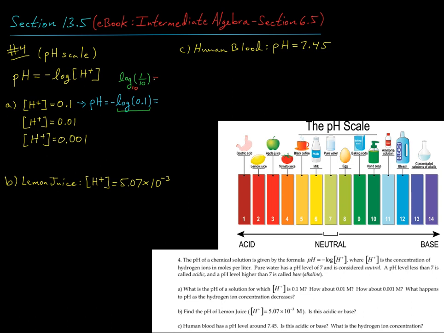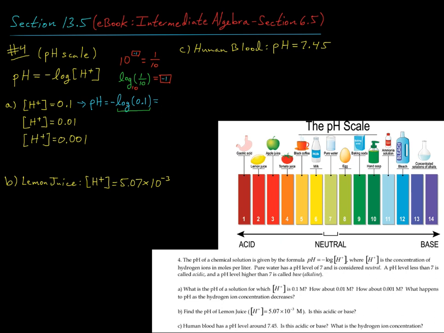And so here we're saying, well, 10 raised to what power is going to come out to be 1/10? And that would be minus 1, right? I'm just going to take the reciprocal of 10 to get 1/10.